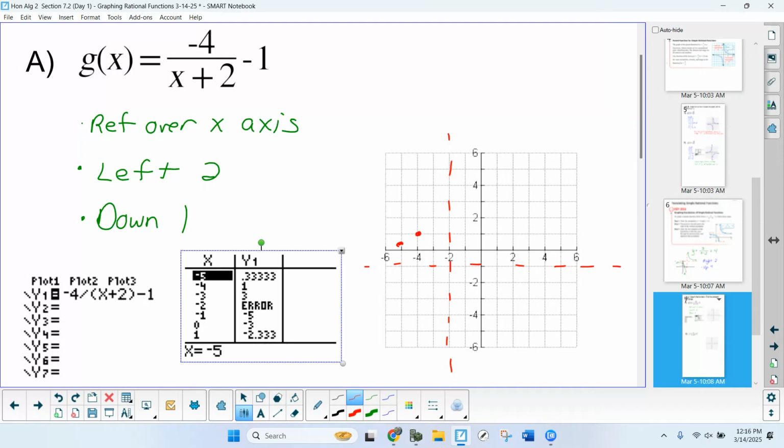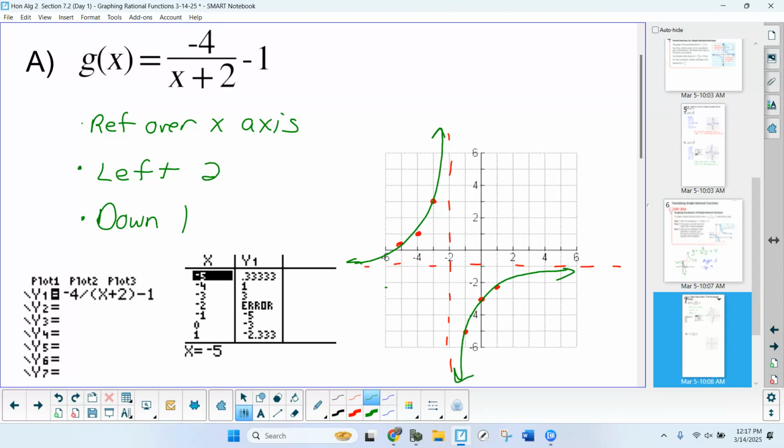And at -3, I'm at 3. Now this is a good one to show you asymptote to asymptote, because people draw it from the x-axis. And it's not the x-axis, it dips below. And then over here, at -1, I go down to 5. At 0, I'm at -3. And at 1, I am at -2 1/3. But again, this branch goes from here to here, asymptote to asymptote.